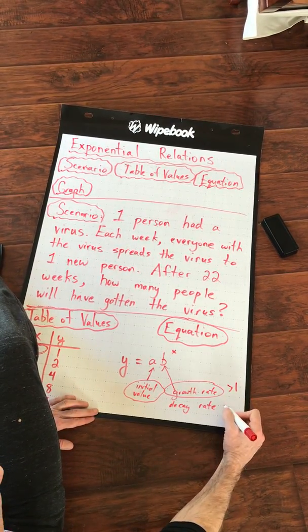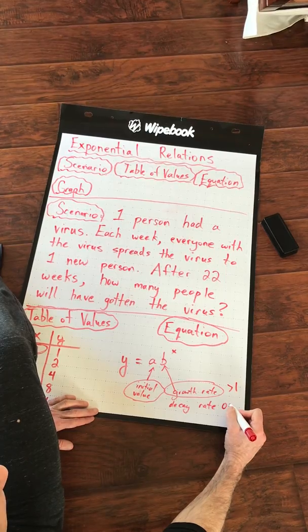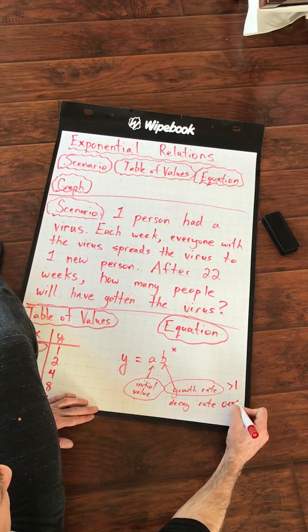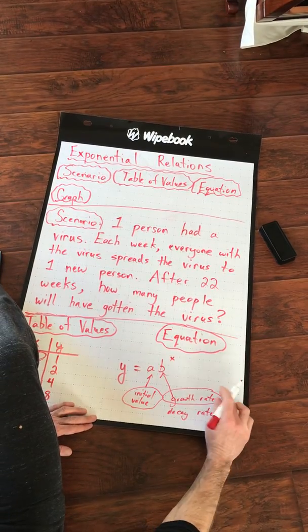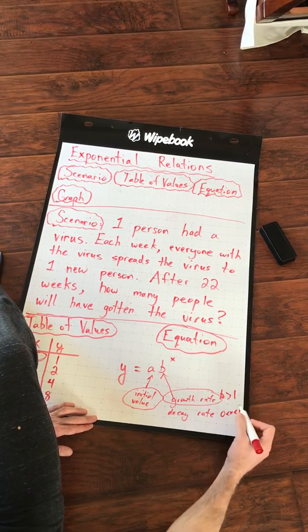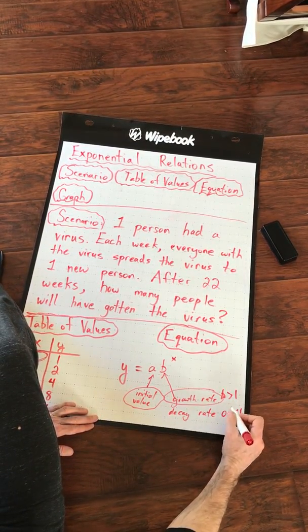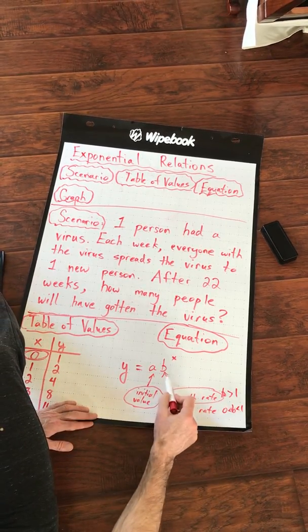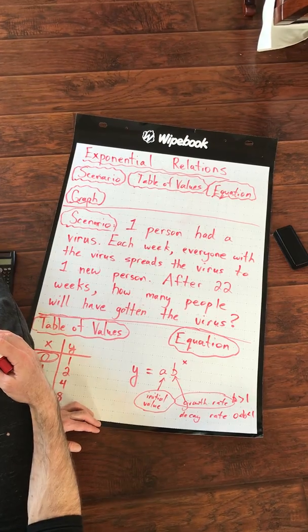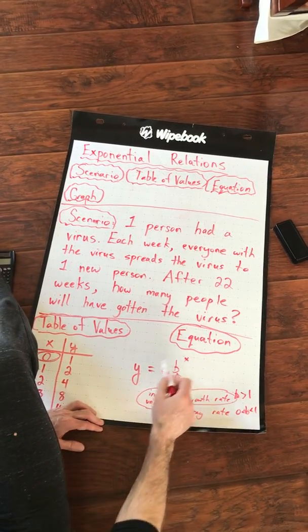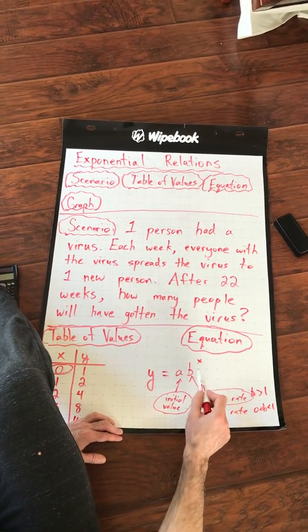Your decay rate is going to be between 0 and 1. So b has to be greater than 1 for growth, and b has to be between 0 and 1 for decay. So if your b is a small number, like 0.5 or 0.6 or 0.7, then this final answer is going to get smaller and smaller and smaller.